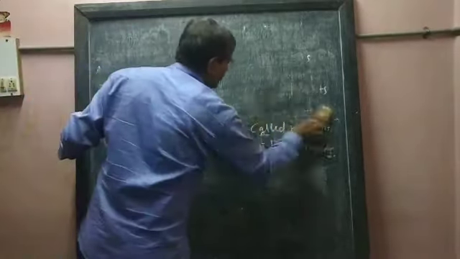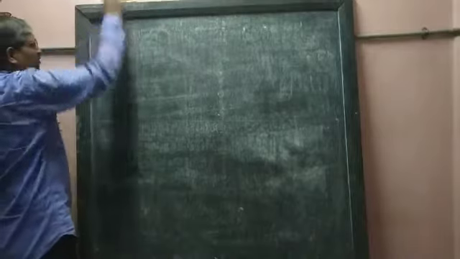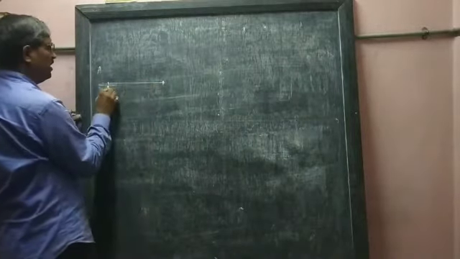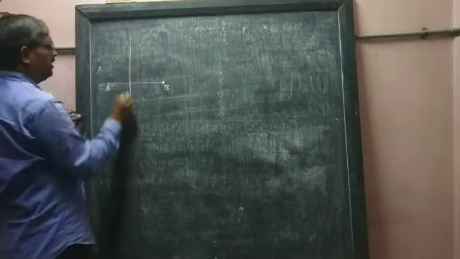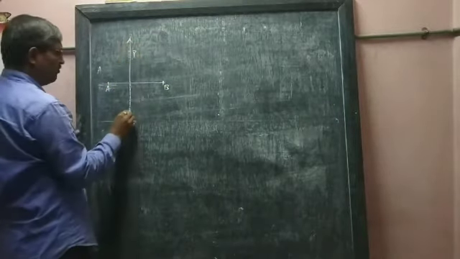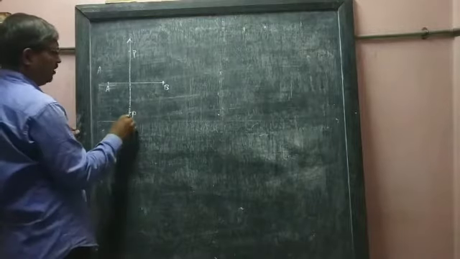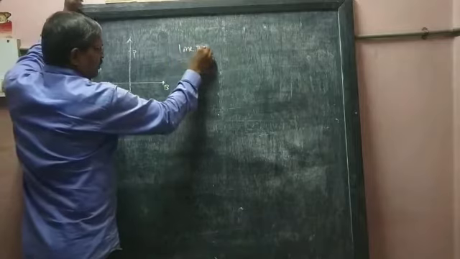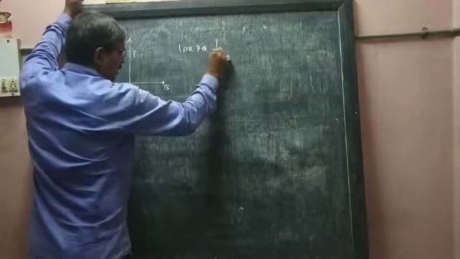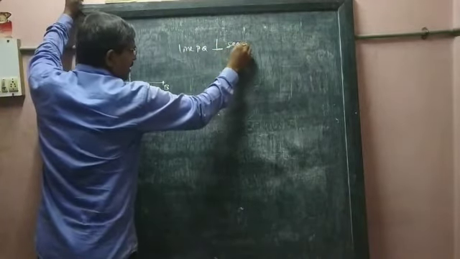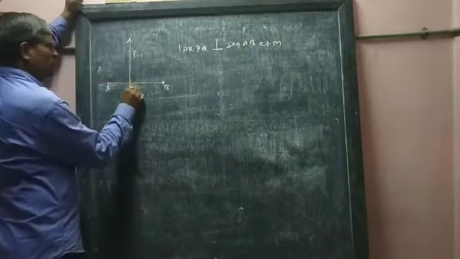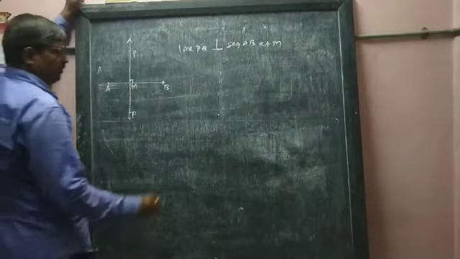What is the definition of perpendicular? That is also a most important thing. Here I will take an example and tell you. Suppose there is one segment AB and PQ is another segment, or PQ is one line. Then line PQ is perpendicular to seg AB at M. Suppose here it is M. Means what happens?